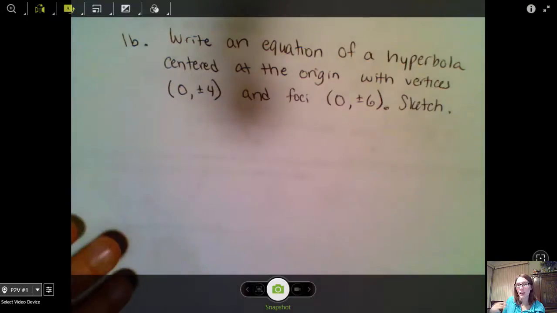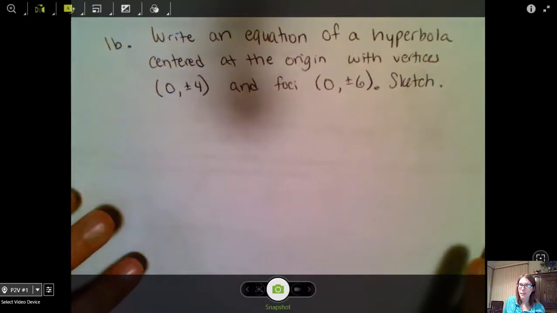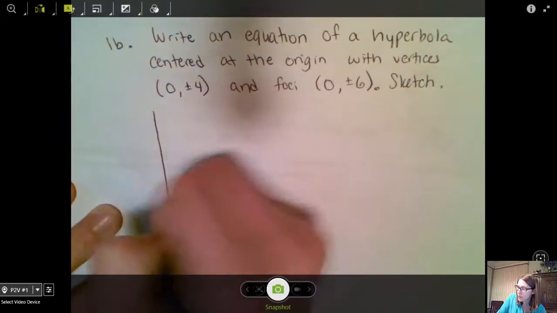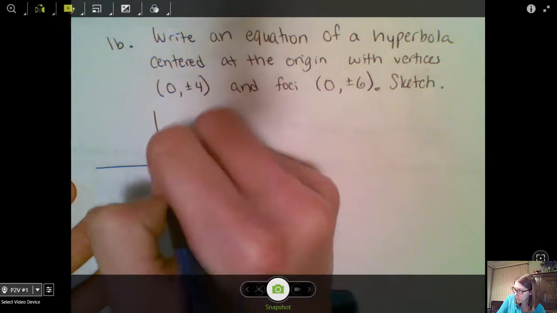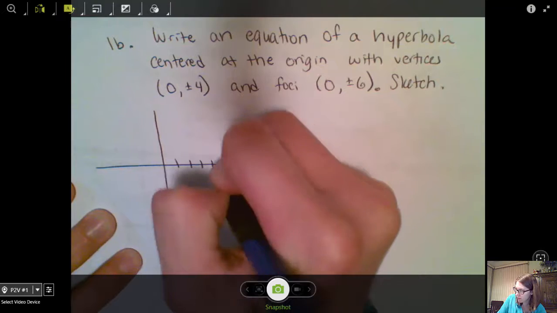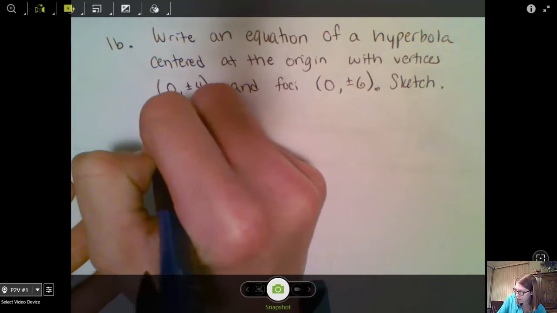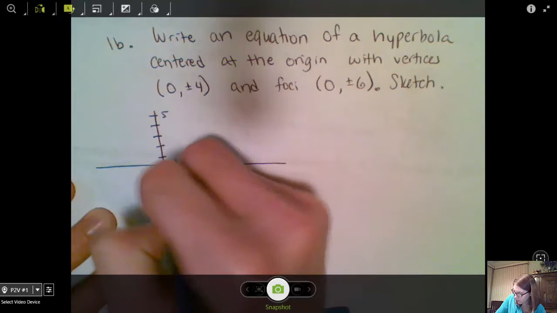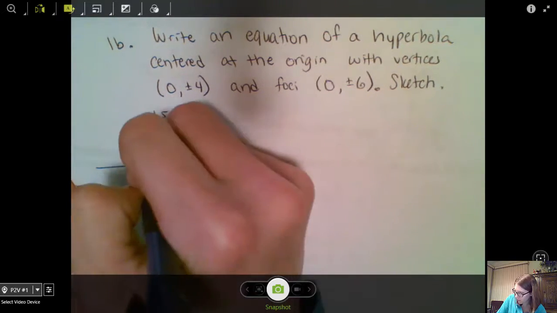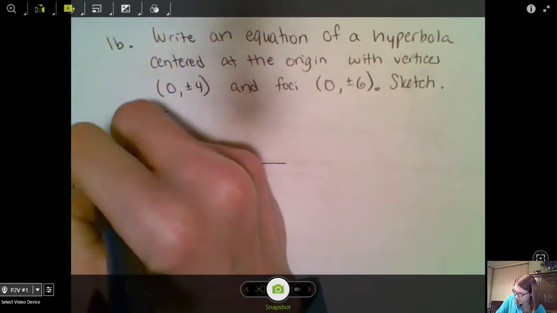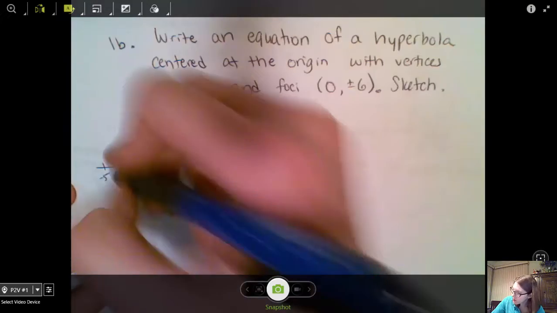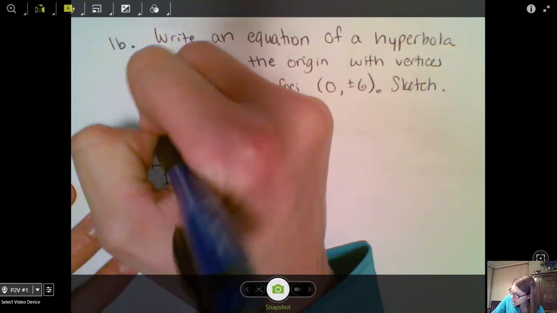Well, again, we really want to make that sketch along the way. That'll make the rest of our process a little bit easier. Vertices are at 0, 4 and 0, negative 4.